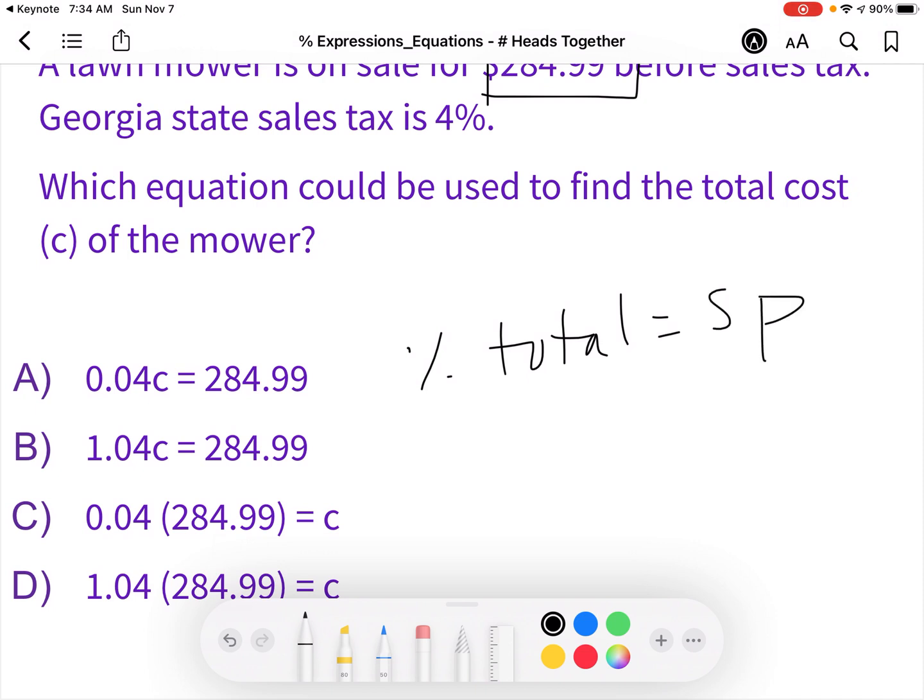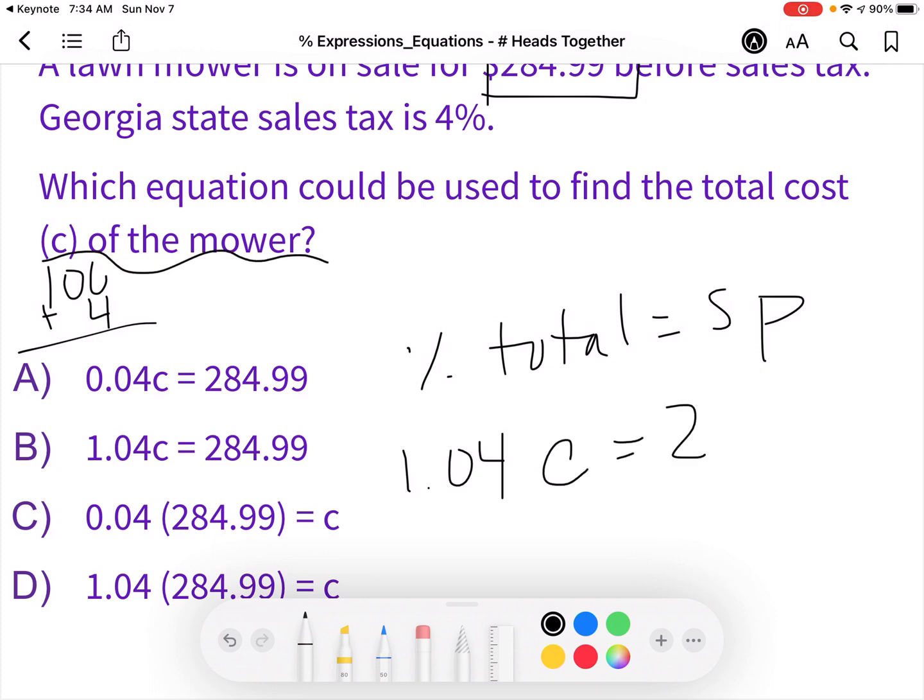So I know that I have a tax, so 100 plus 4 gives me 1.04 times the total, and C represents the total cost of the mower, and that's going to give me $284.99. So it should be B.